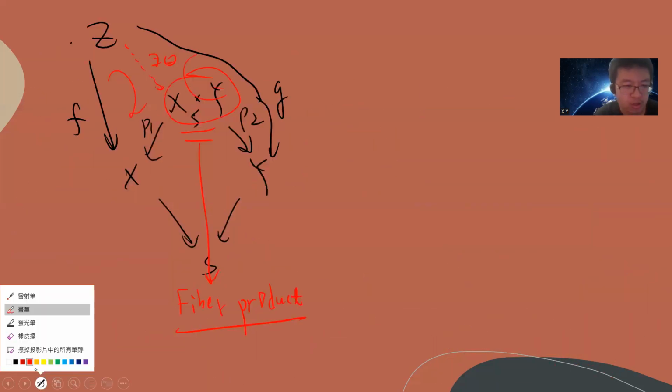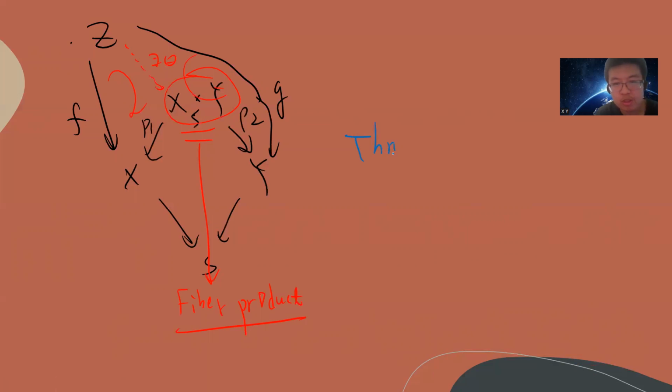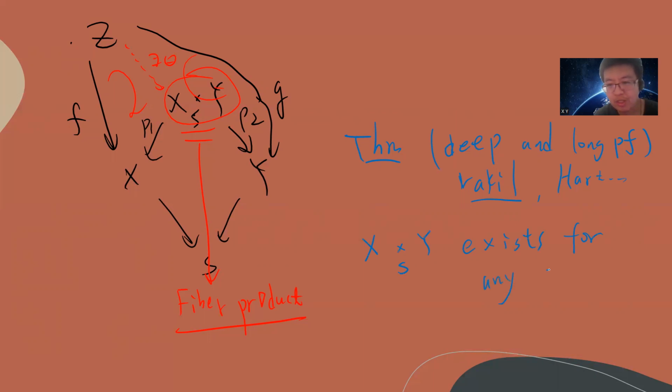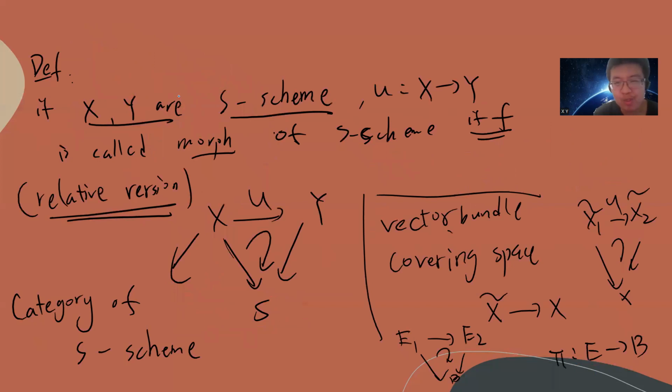Okay, so the theorem, which has a very deep, very long and hard proof that I will not give here, you can check Hartshorne. The theorem says that the fiber product exists for any S-scheme X and scheme Y. The proof is very difficult.